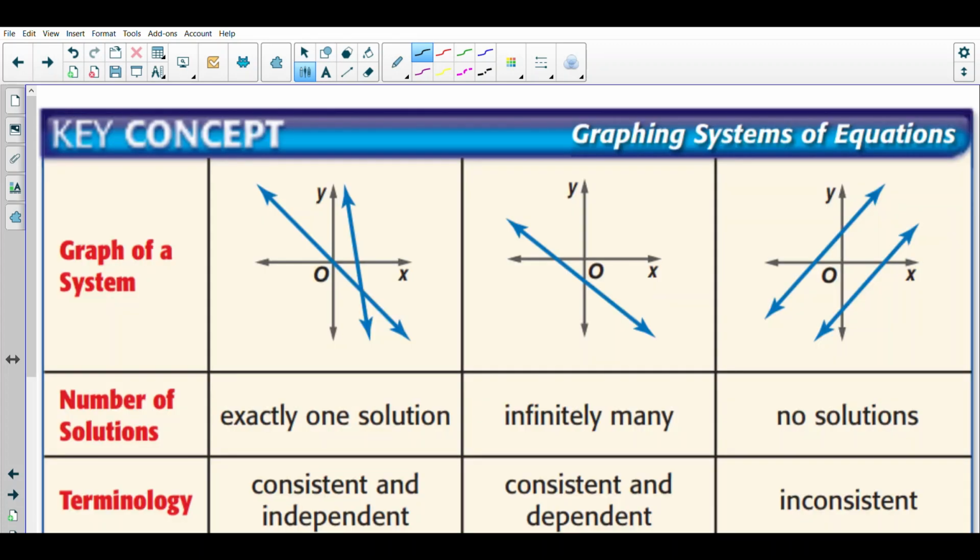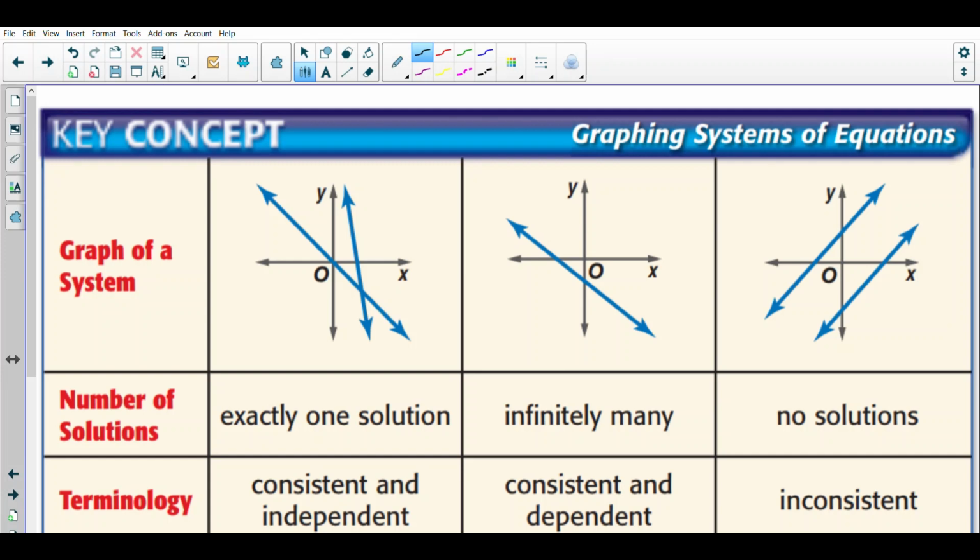So here we go. This is what that last page was talking about. The first one has two lines that intersect. That means there's exactly one solution. Since it intersects at only one point, it's consistent and independent.